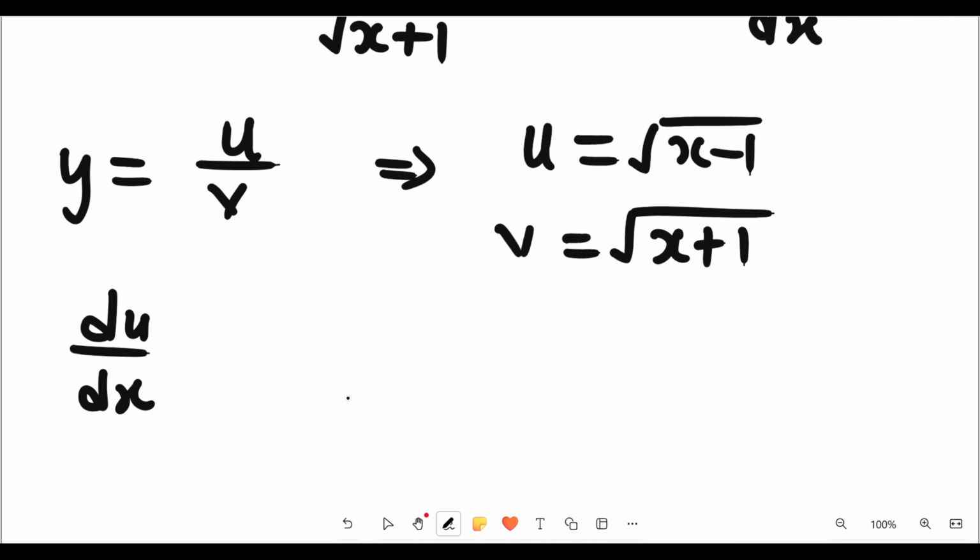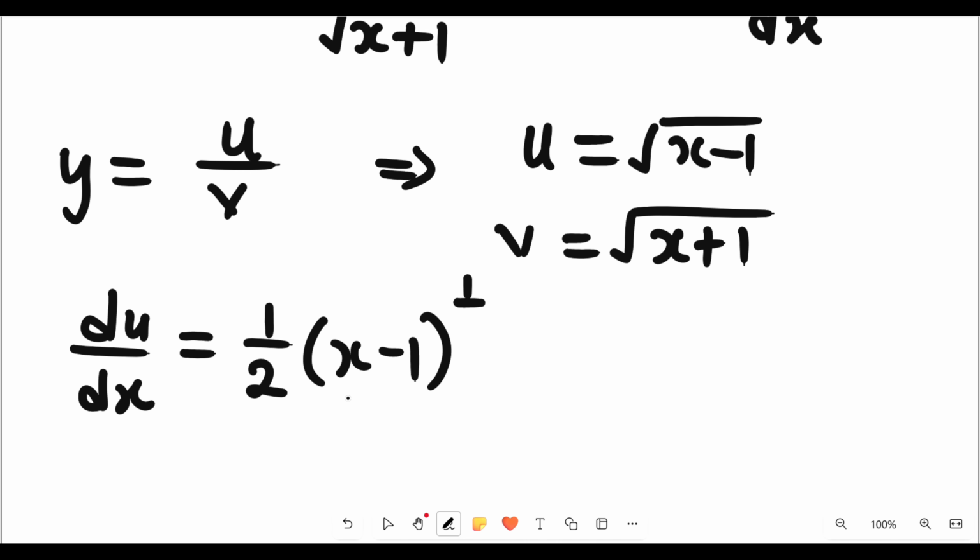So we know the square root to be the same as exponent half. So we are going to apply the shortcut form of the chain rule. The power, which is the exponent half, will multiply everything. Then we have x minus 1 in bracket. Then the power half will be reduced by 1, then multiplied by the derivative of the expression in the bracket.